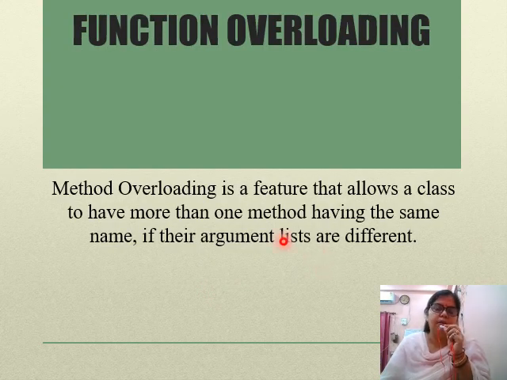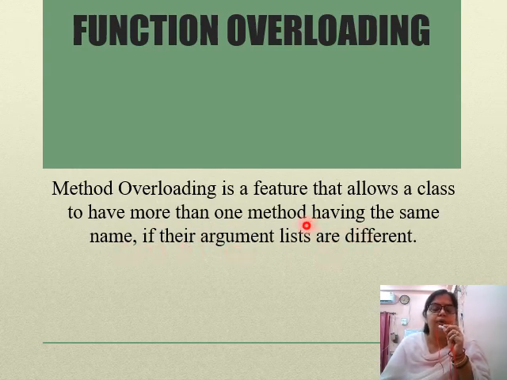Now, in the previous lecture we have studied what function overloading is and we have done a small program about that. Now we will revise again what function overloading is. Function overloading or method overloading is a feature that allows a class to have more than one method having the same name if their argument lists are different.